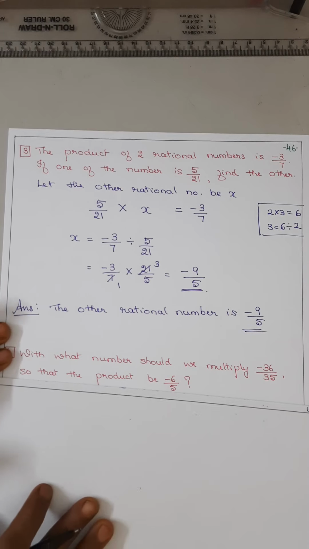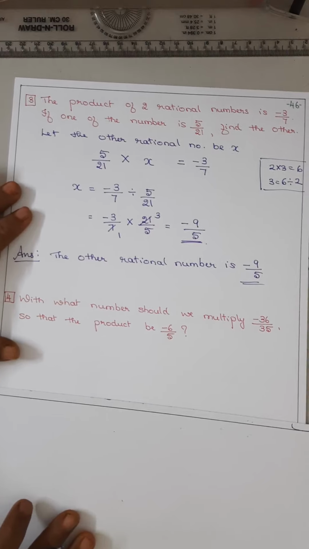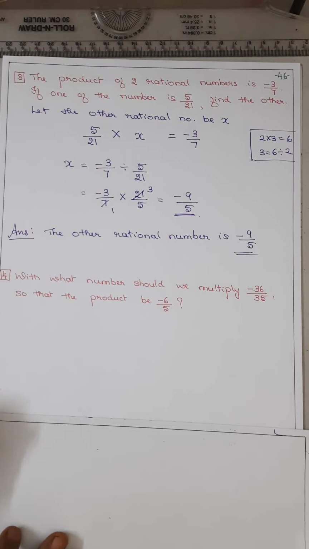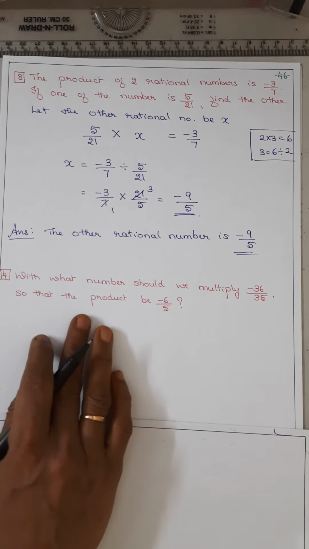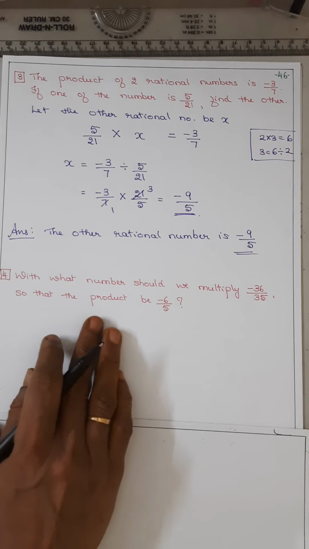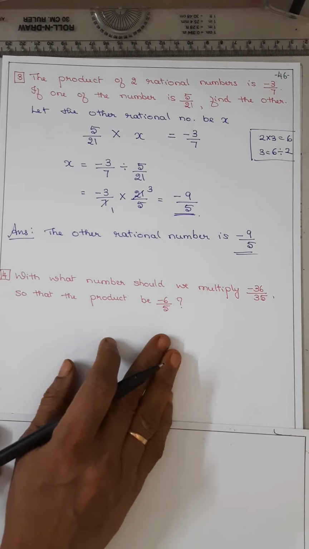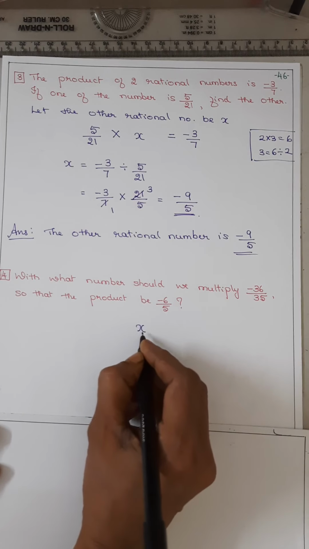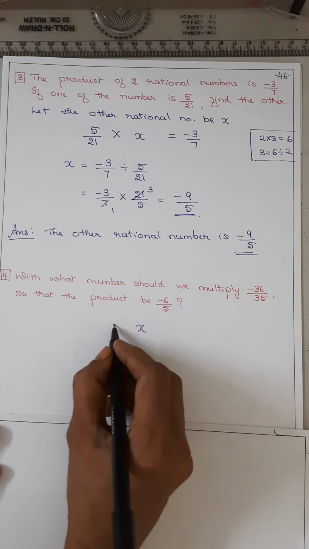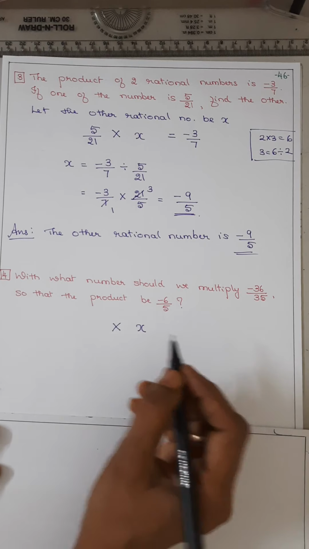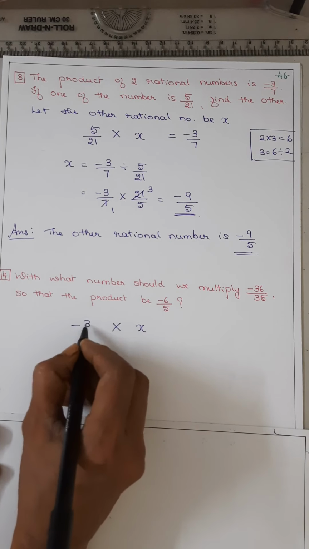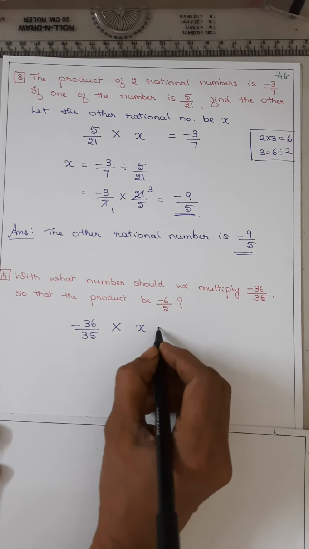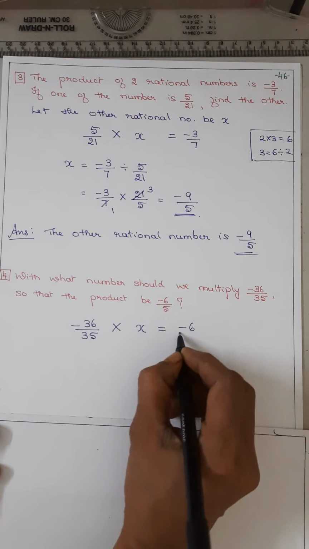Okay. Now coming to the fourth sum, it is the same, a word problem. With what number? Let that number be x. With what number should we multiply minus 36 by 35 so that the product is minus 6 by 5?